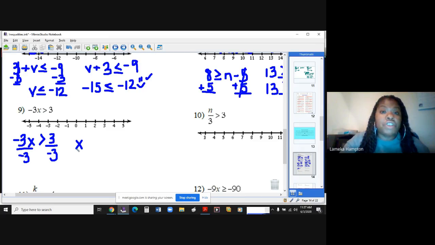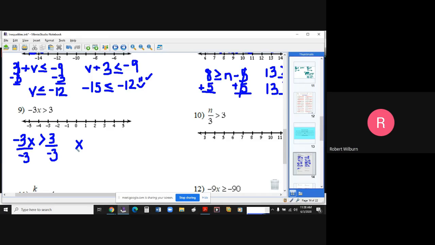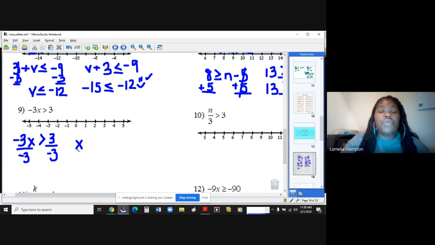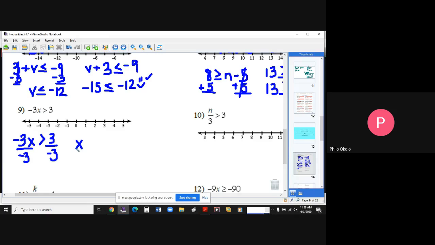If you don't remember, just say, Miss Hampton, I don't remember. The question was, when you divide by a negative number, what do you do with your sign? You remove it, it becomes positive.